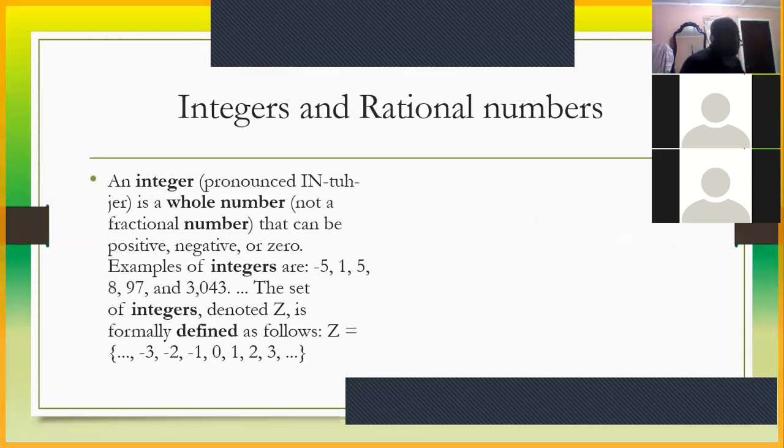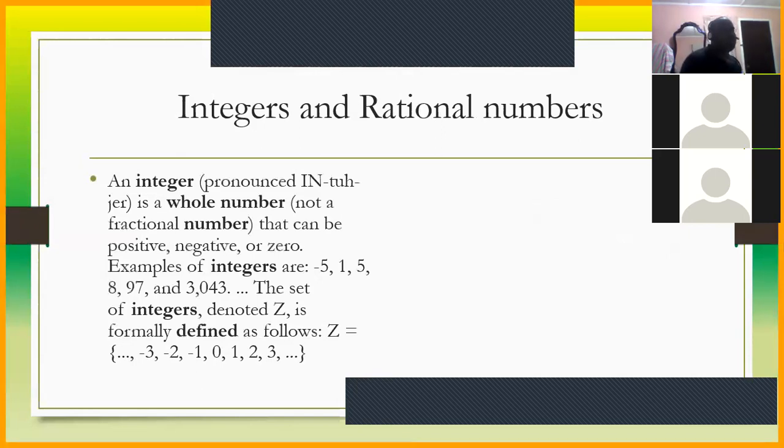All right, very good. So when we're talking about integers, we're talking about numbers that have negative and positive numbers, right? Yes. Is that clear? Yes. So an integer is a whole number, not a fractional number, that can be positive, negative, or what?